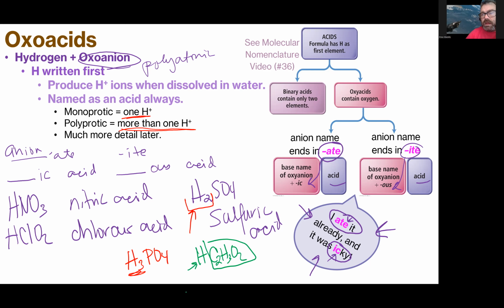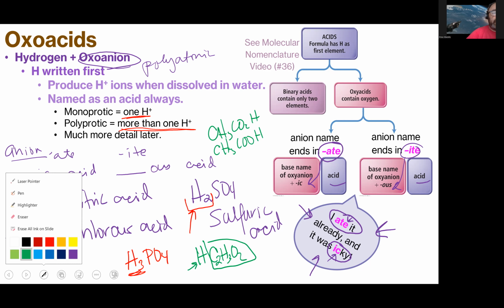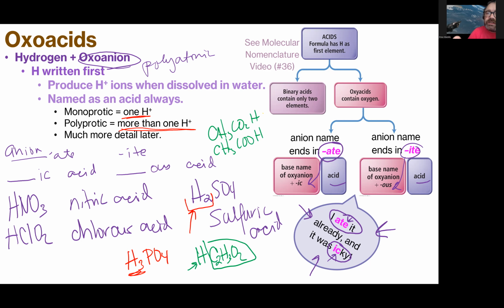You might also see it as CH3CO2H or CH3COOH. In this case, it's written in a more organic nomenclature way, and the H here on the end is the acidic hydrogen. But this is all acetic acid.